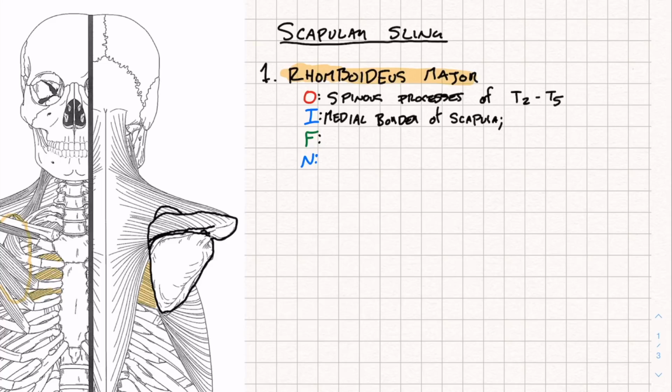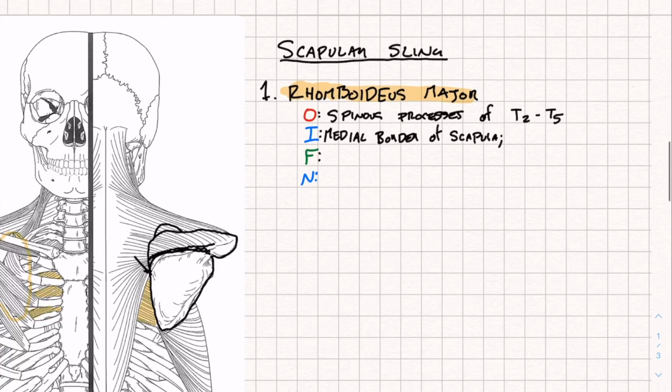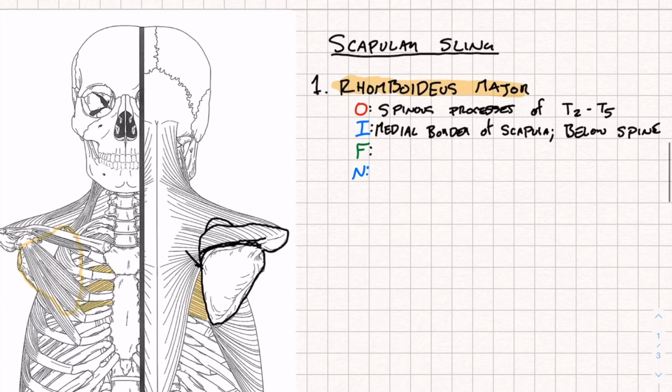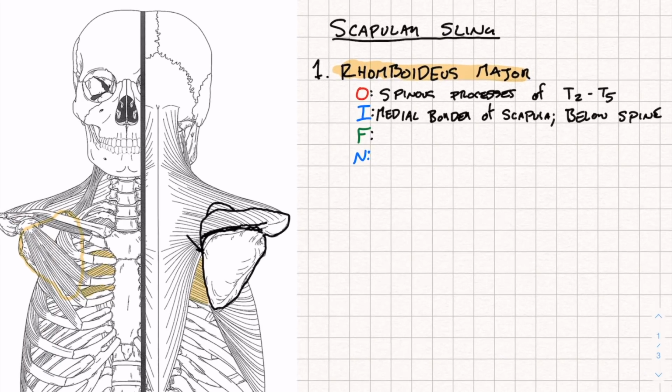So here's the spine of the scapula. That's inserting below it. So medial border of the scapula, below spine. There's your insertion.